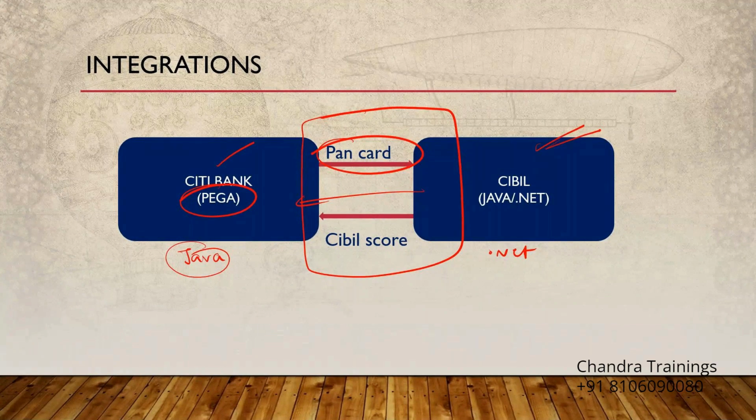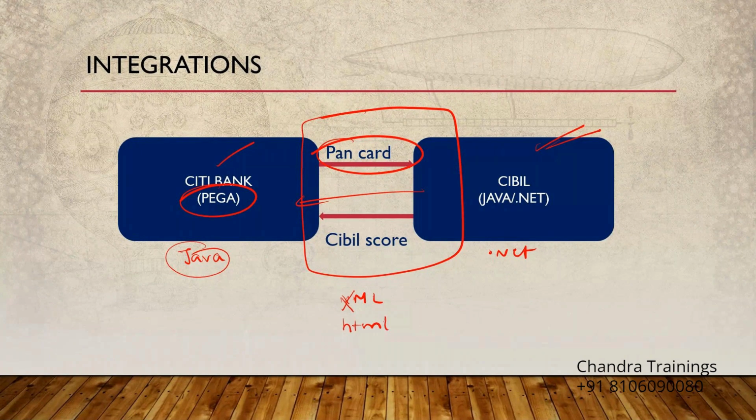Every technology in the world, whether Pega, which is Java only, .NET, Python, or C, will understand some common languages. XML is commonly understandable by every technology, and HTML is commonly understandable by every technology. Likewise, there are a few.